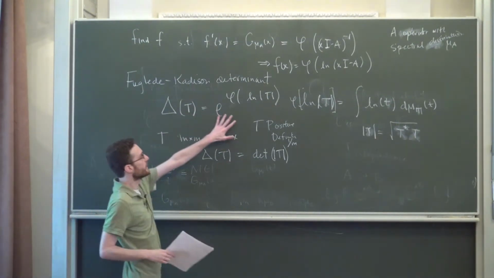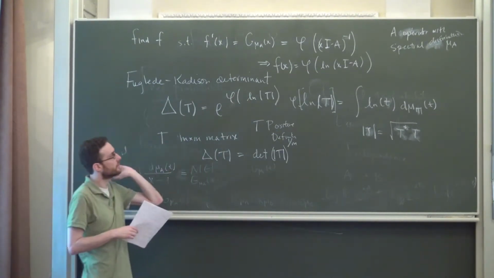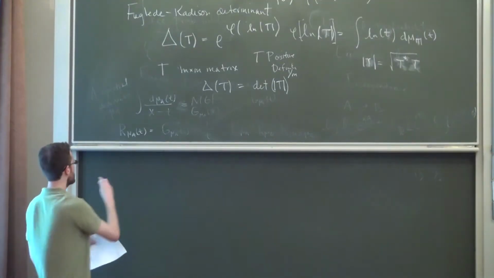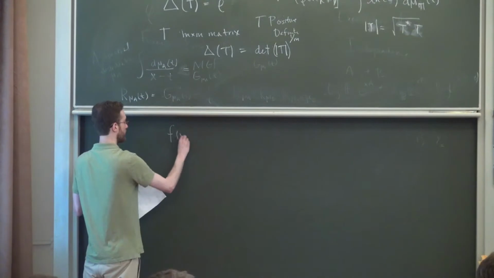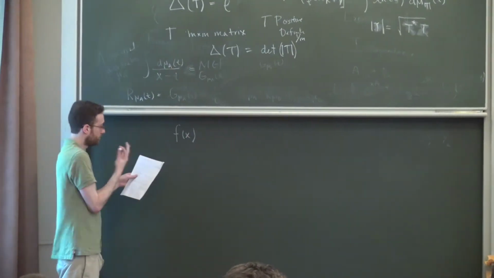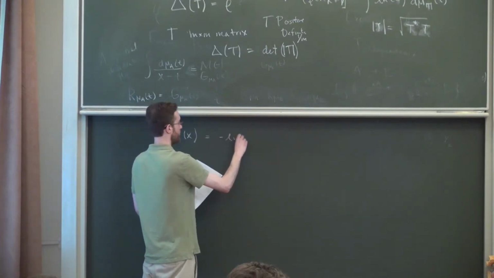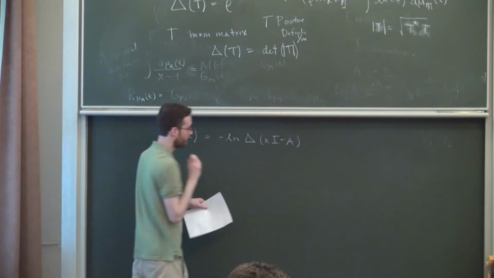And in fact, you can extend this to positive semi-definite, but it's easier when things are just positive definite. What is the punchline? The punchline is that I'm going to try f of x. So given some operator, f of x is minus the natural log of this thing.